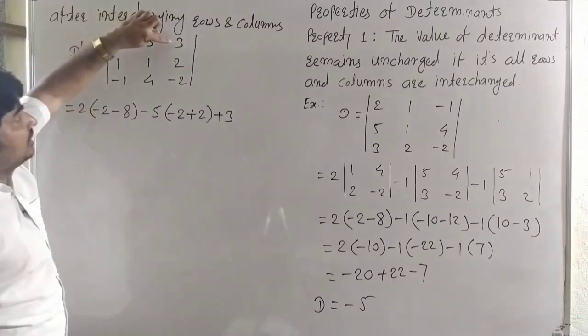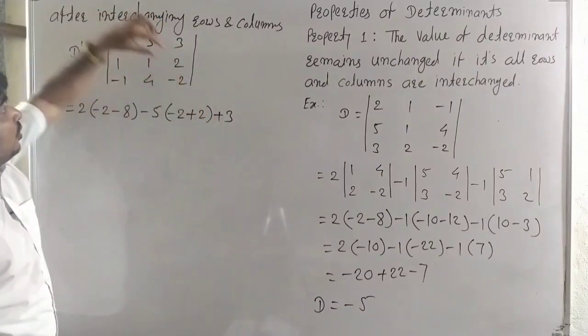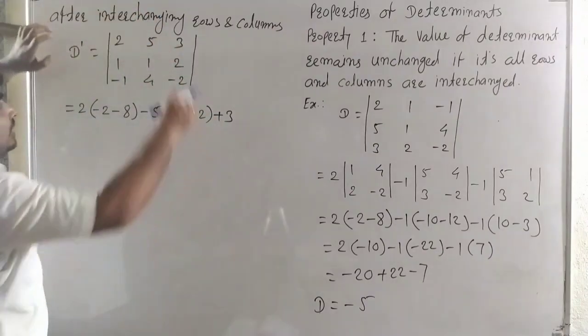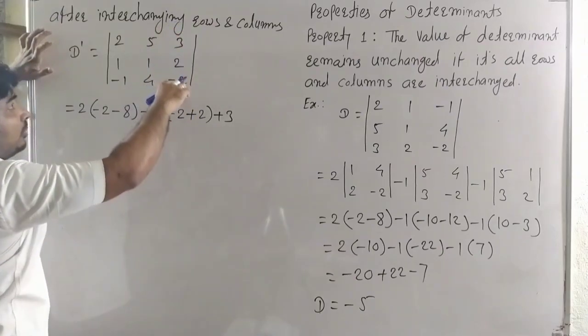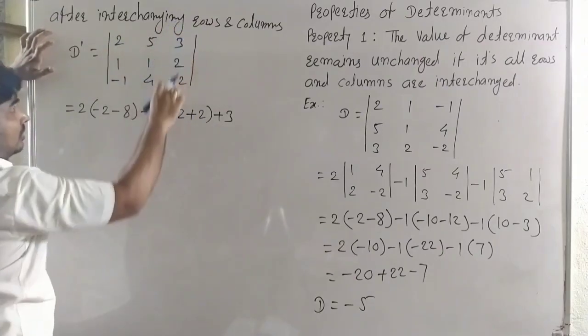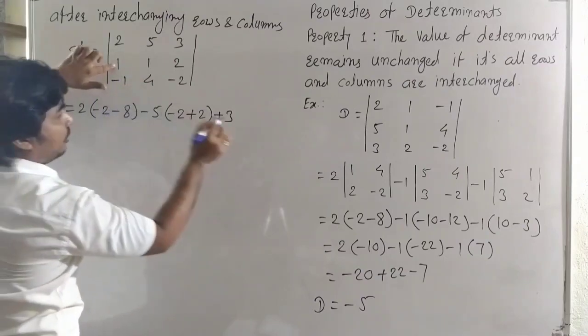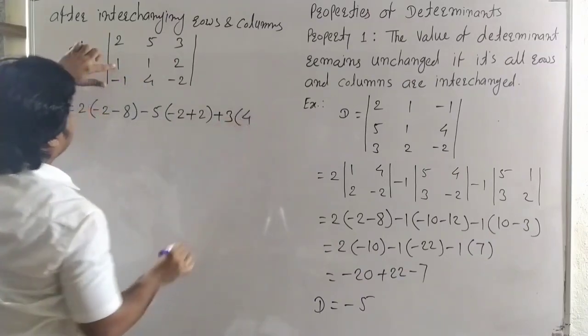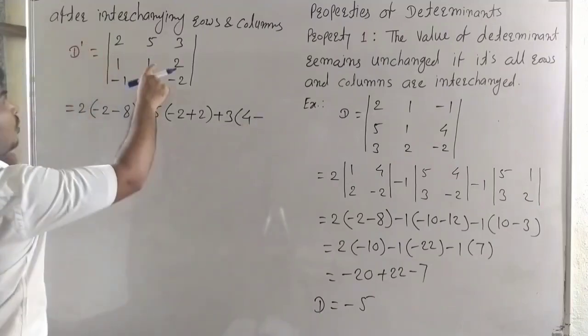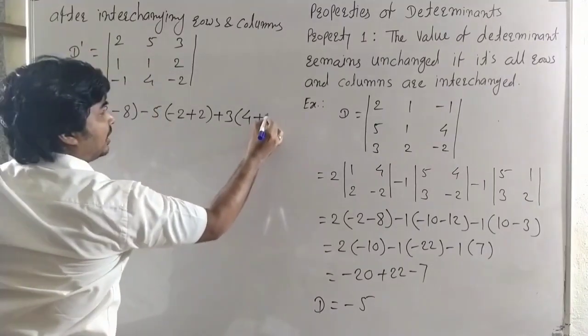Plus 3. Here it is +3, we write +3. Only change the sign of the middle term. Then again delete the column and row of the element 3. We get 1, 1, -1, 4. 1 into 4 is 4. Minus 1 into -1 is -1. So we write here +1.